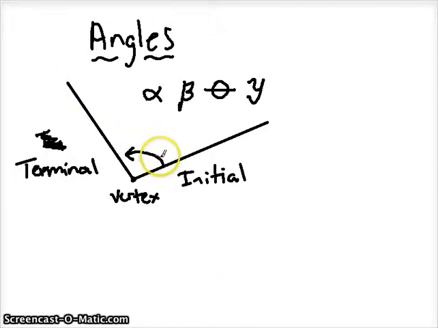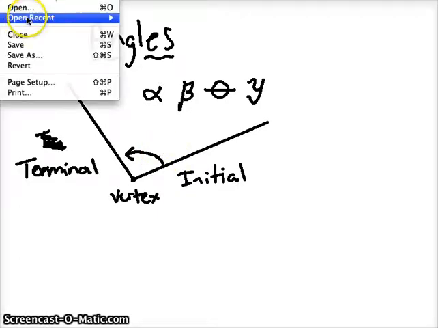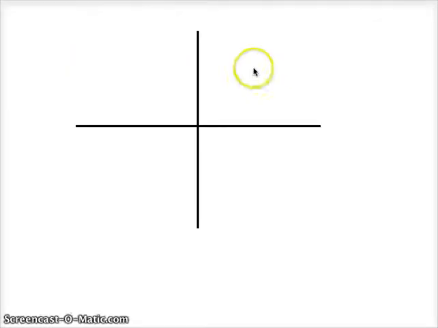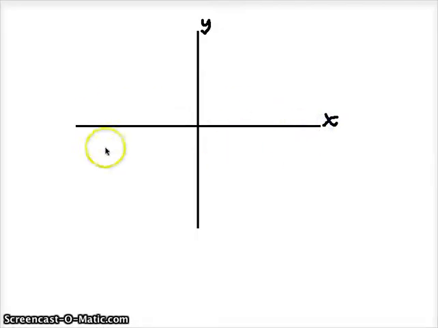Let's talk about how we will view angles. Let me get a coordinate plane going. A lot of times when we draw angles in trigonometry, we'll set up a very basic coordinate plane here. We'll still have our y-axis, and we'll have our x-axis, and we'll have a positive and a negative side for each. And each of these little spaces that are formed here by the intersection are called quadrants.